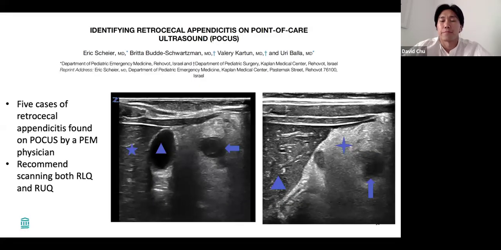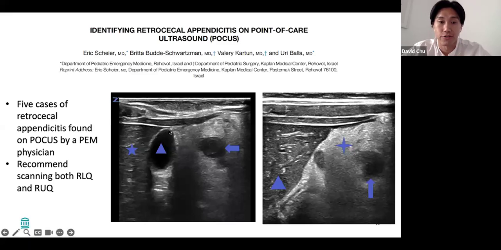Let's say you have either a pediatric patient or a very skinny patient. There are a couple papers that demonstrated some case series that showed the appendix being found in the right upper quadrant, actually. This paper shows 5 cases of retrocecal appendicitis found on bedside ultrasound by a pediatric EM physician.